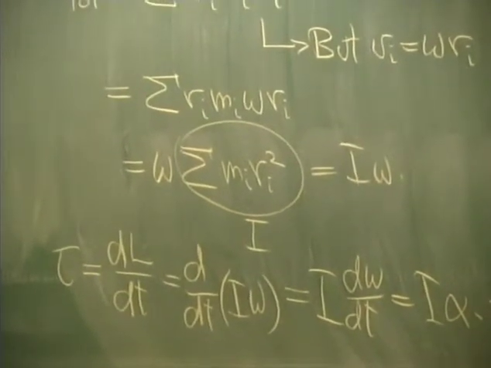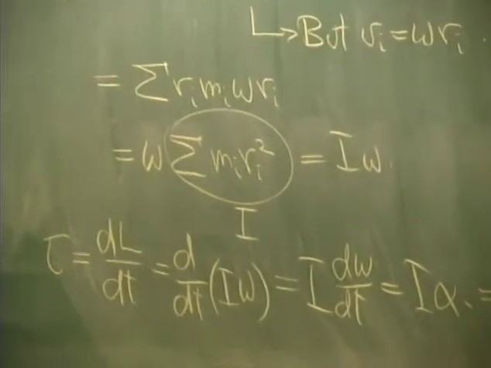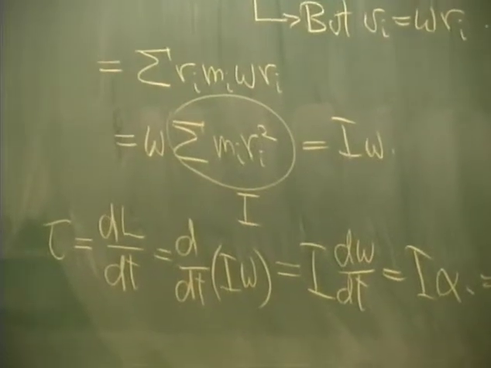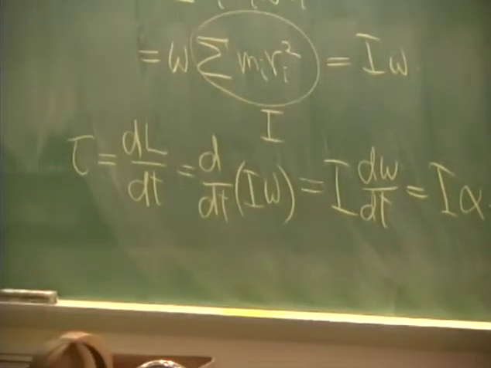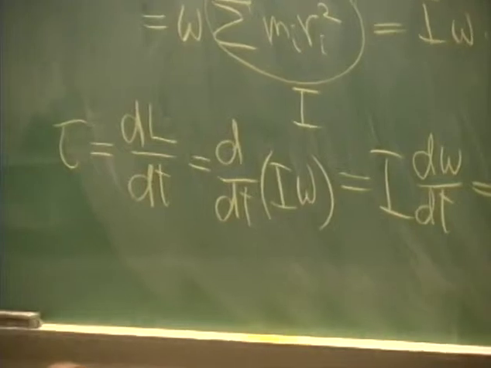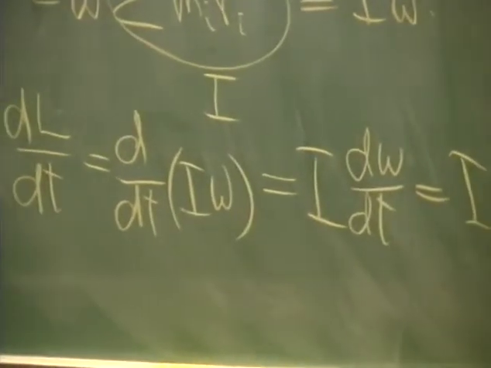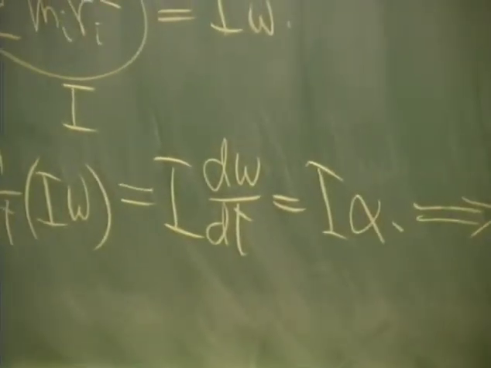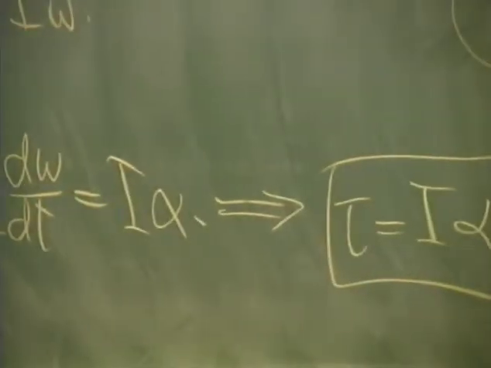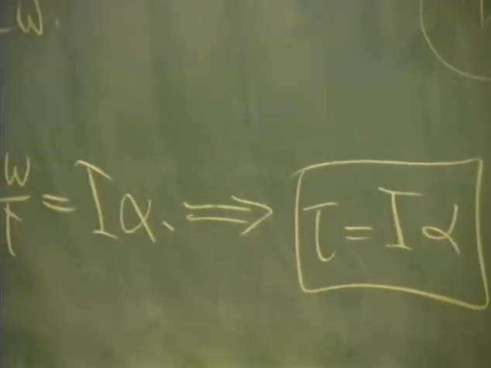This is where I turns out to be so important. When you do this calculation for a rigid body, you see that the one thing that characterizes the whole dynamics is that sum. And that's the real motivation. This calculation is the real motivation for all that stuff we did on I. It's important.